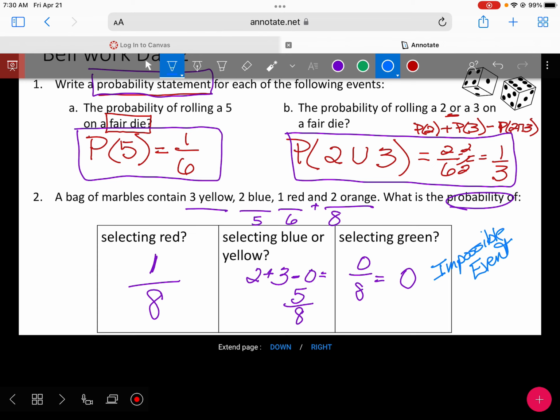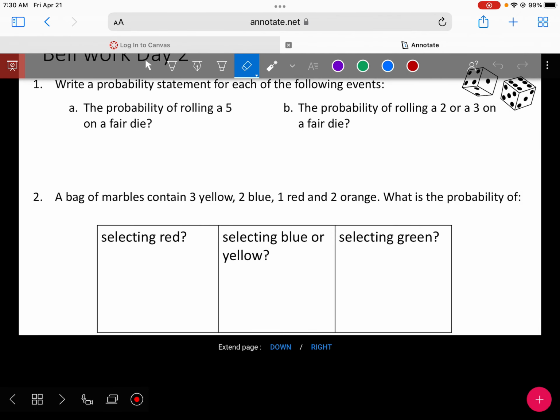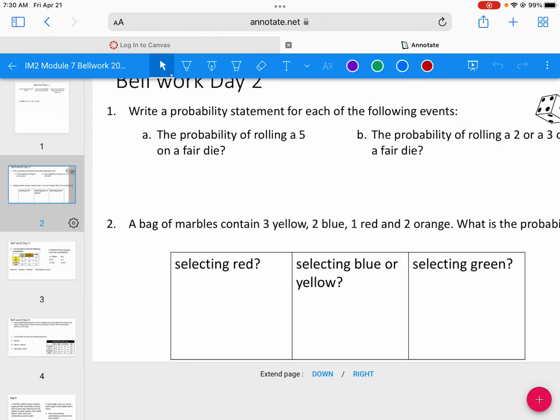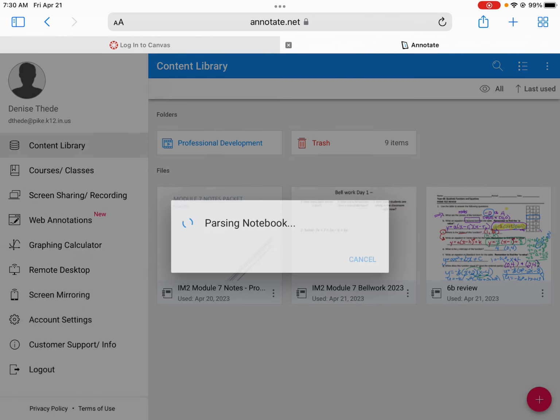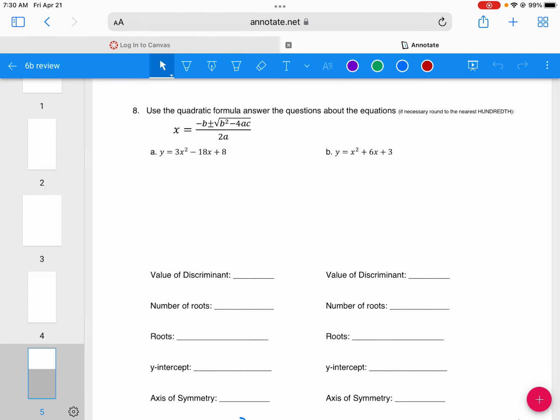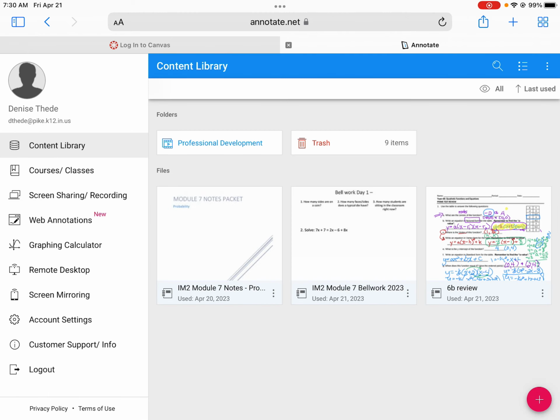I am still recording this, trying to get them uploaded. Okay? All right. Let's go in your packets to page 11. Page 11. Ooh, that's not the right one.